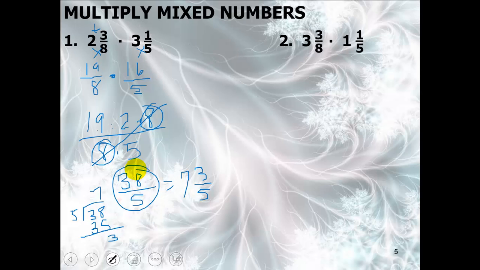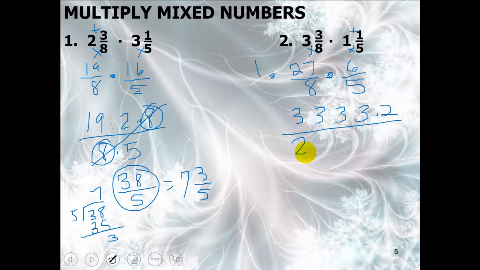Number 2, convert. So I get 8 times 3 is 24, plus 3 is 27 over 8, times 5 times 1 is 5, plus 1 is 6. All right, I know 27 is 3 times 3 times 3, and 6 is 3 times 2, and 8 is 2 times 2 times 2, and then times 5.